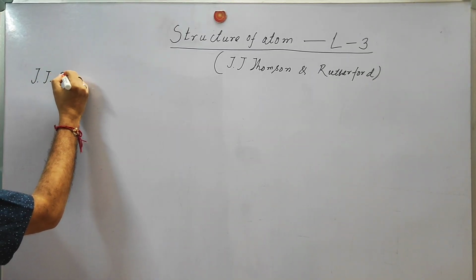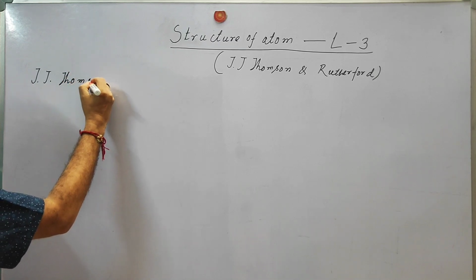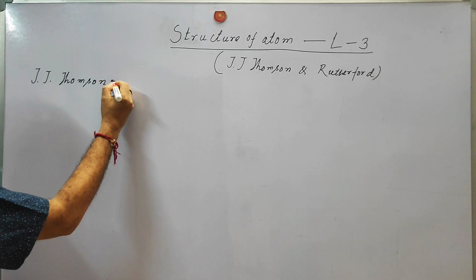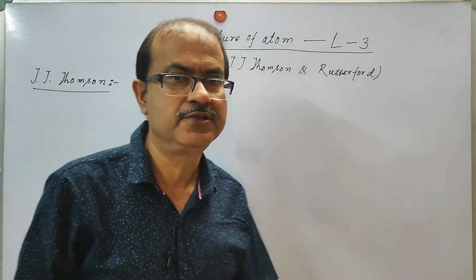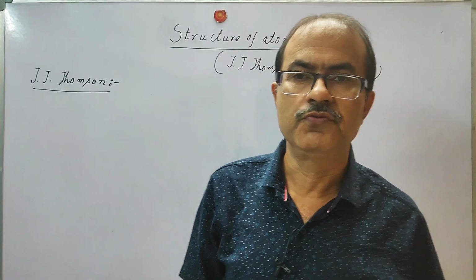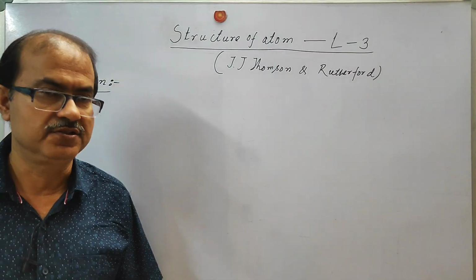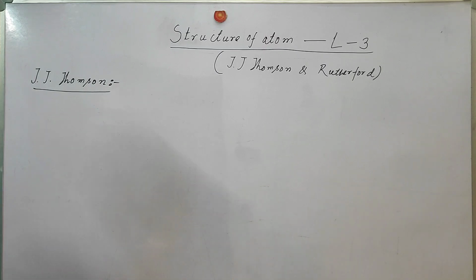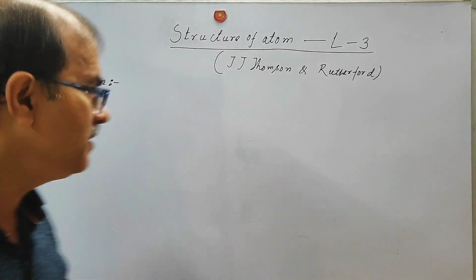J.J Thomson was a very famous scientist. He was awarded the Nobel Prize in 1906 due to his contribution on the electric discharge through gases. So, what are the salient features?